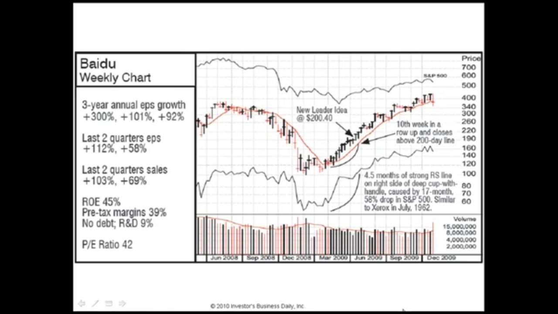Get a chart book and post with a red pen exactly where you bought and how many shares you bought, and show where you sold, and separate out the ones where you lost a lot of money, made mistakes, put those in one pile, and then the ones where you did right and you made a good amount of money, you put that in a separate pile.